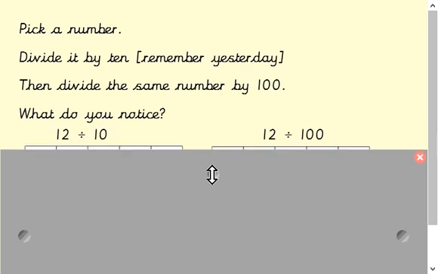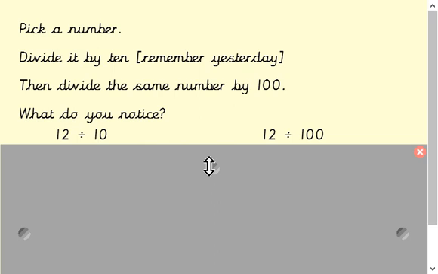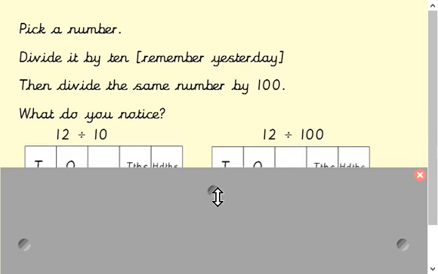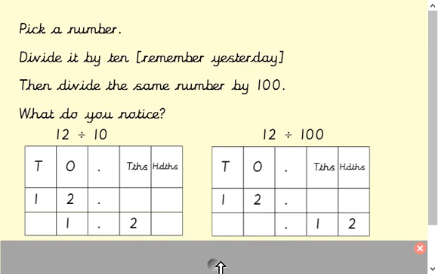Well, if I took 12, for example, and I divided it by 10, and then I took 12 and I divided it by 100, this is what would happen. So if I took 12 and I divided it by 10, I would be moving it one place to the right.